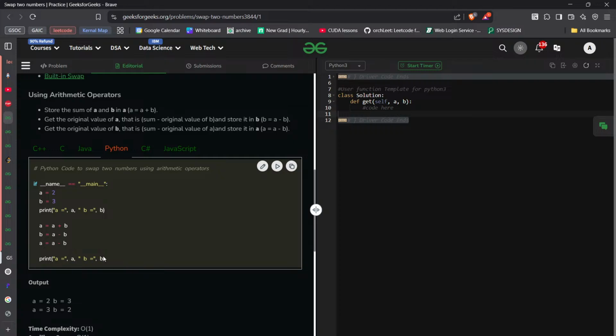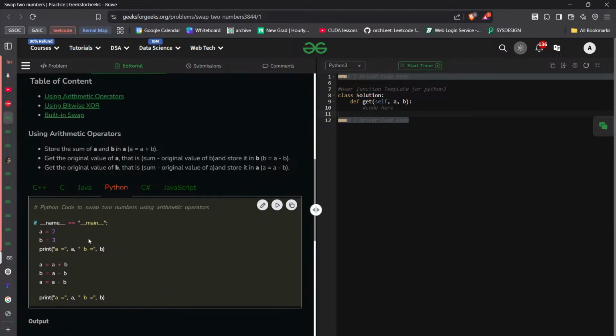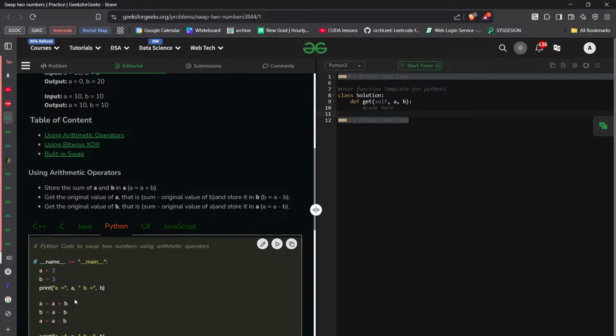What? a is equal to a plus b, and b is equal to a minus b. A plus b minus b, and b is equal to a minus b.